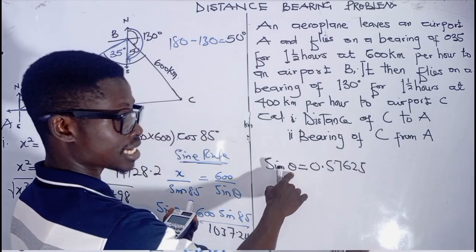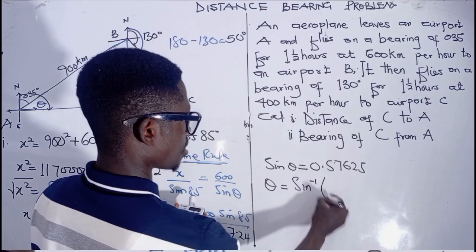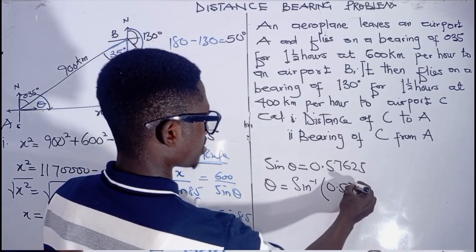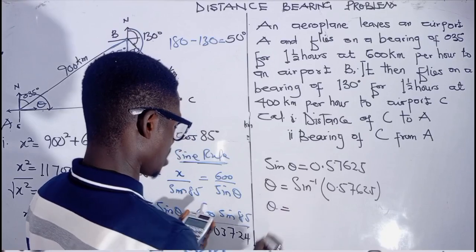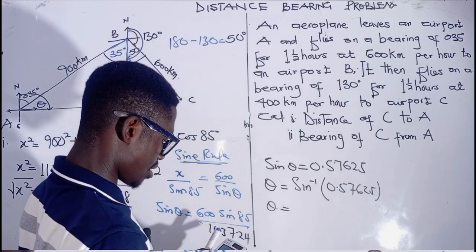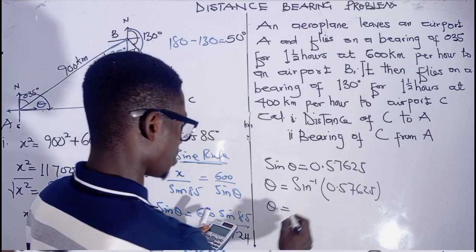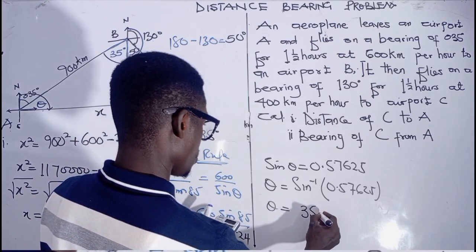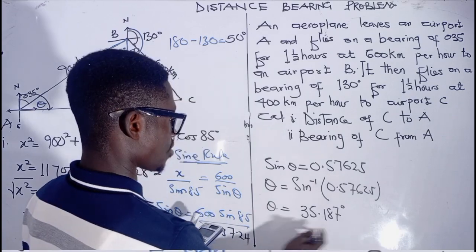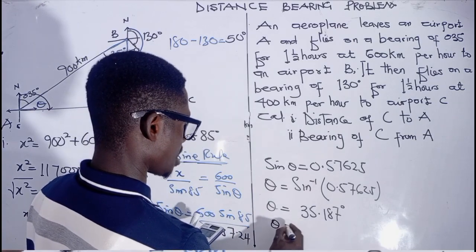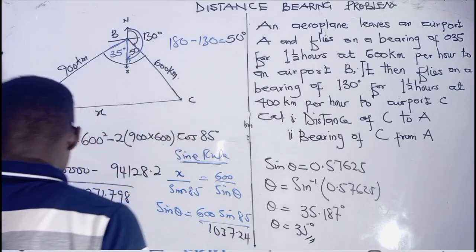We are looking for the angle theta, so theta is equal to the sine inverse of 0.57625. So you can see that our angle theta is equal to 35.187 degrees. We can round it to the nearest degree, which is theta is equal to 35 degrees.